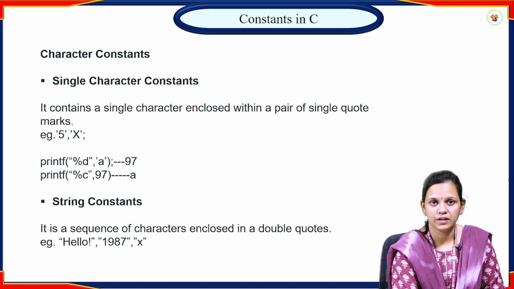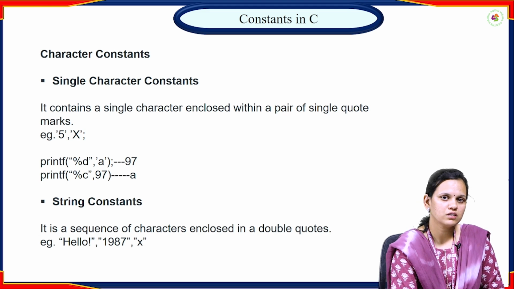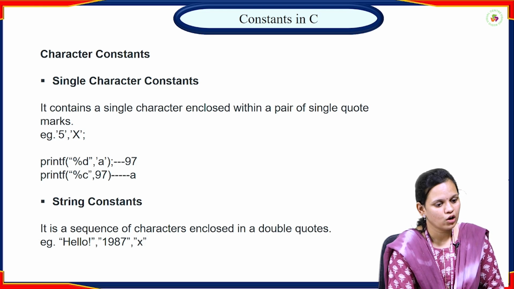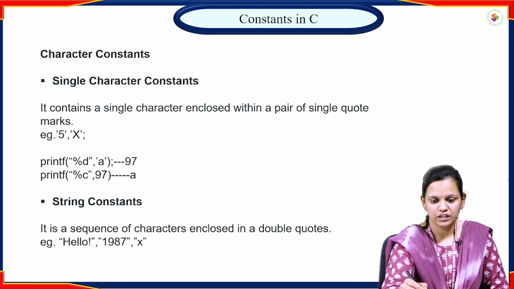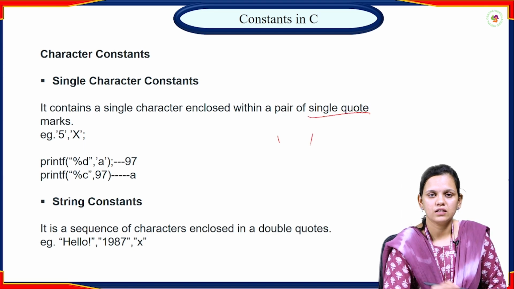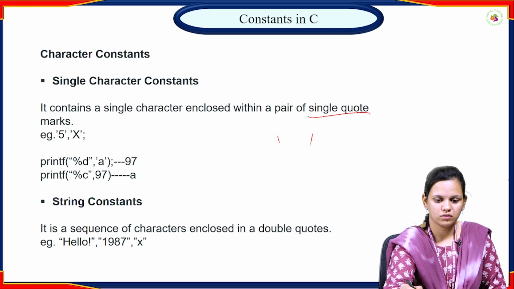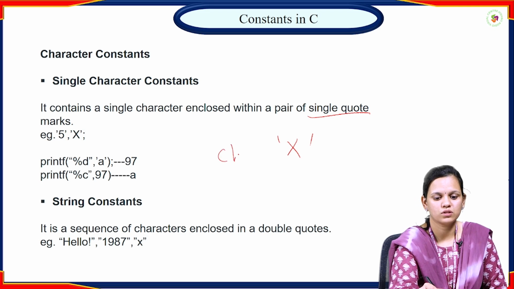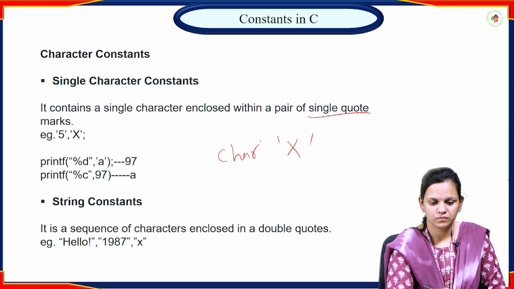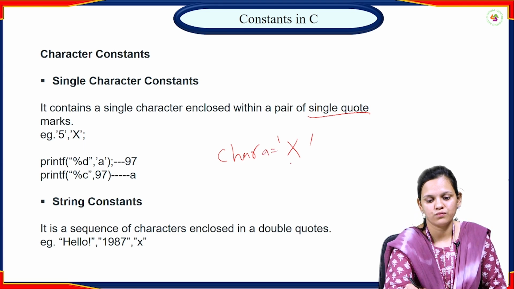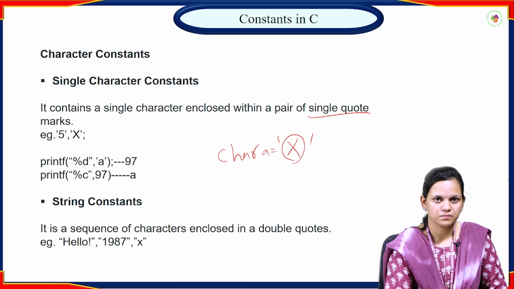Then next are character constants. In character constants, we have single character constants and string constants. Single character constants are denoted using a single quote. If I want to declare a character constant, I use the data type char, give the variable name, and then inside the single quote give the character constant.